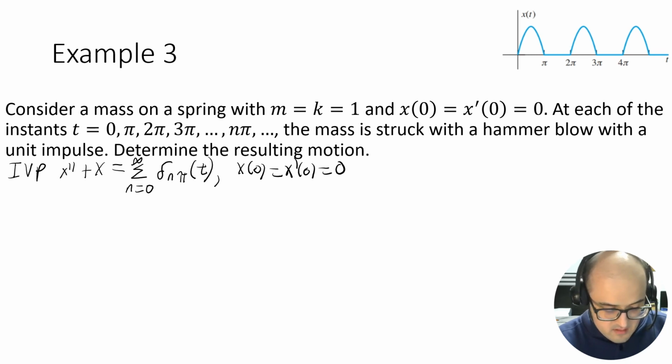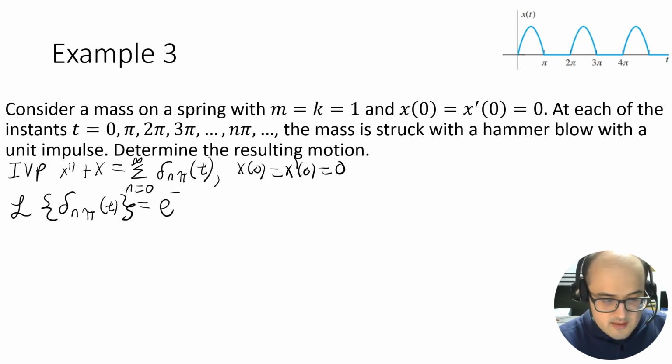Alright, so we know that the Laplace transform of delta sub n pi of t would be equal to e to the negative n pi s.